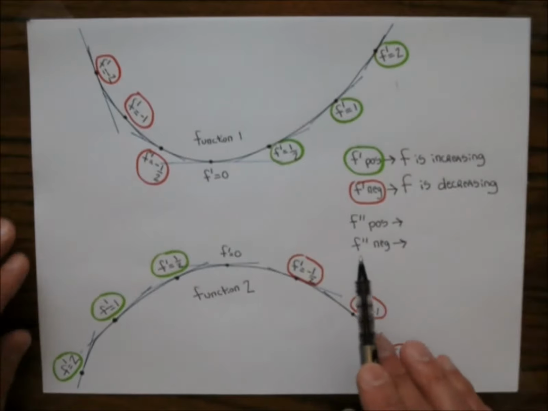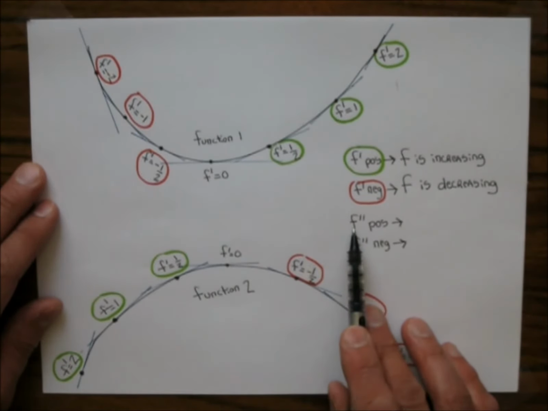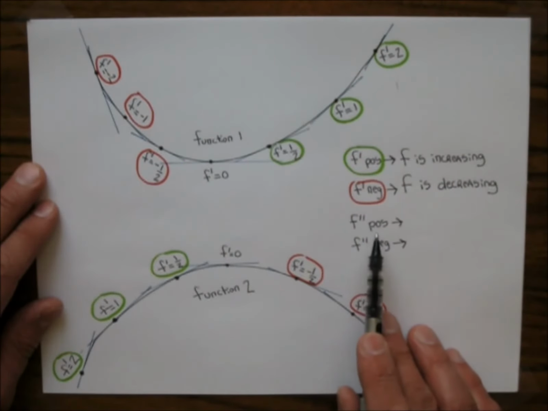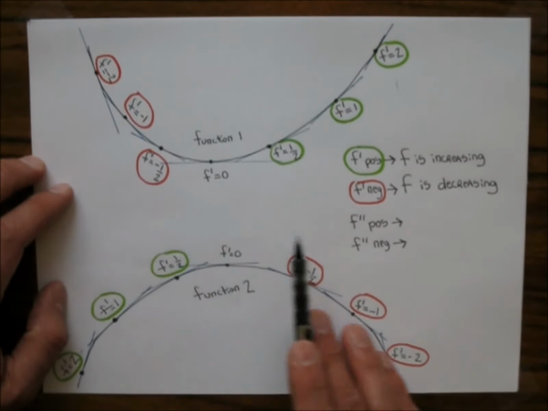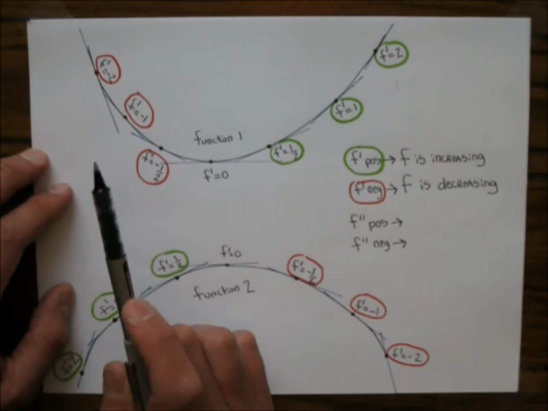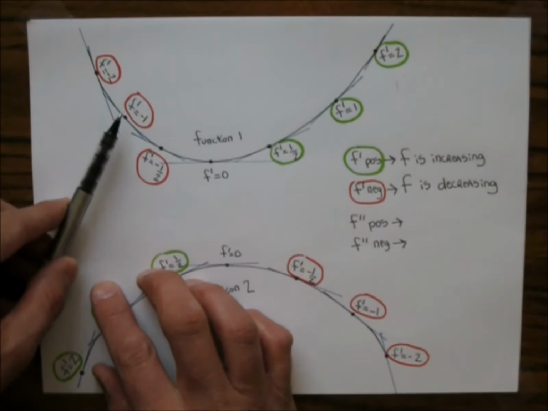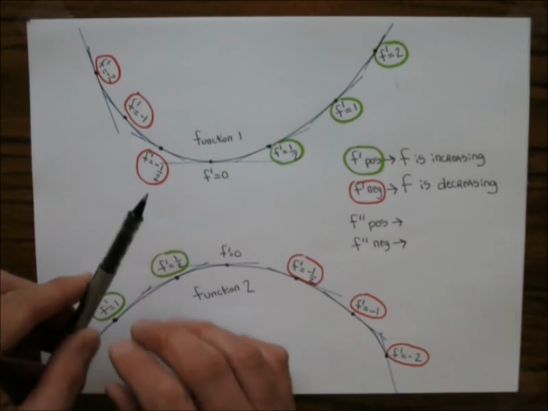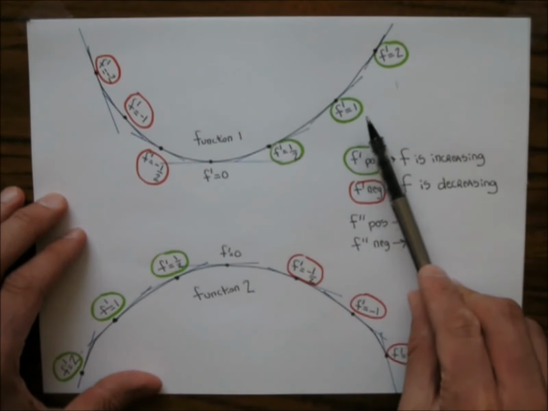Here's the one that's a little tougher to see, but we'll see if we can see this. F double prime is positive. F double prime is the second derivative. It is the rate of change of the slope. So how is this slope changing? Look, it's going -2, -1, -1/2, 0, 1/2, 1, 2.